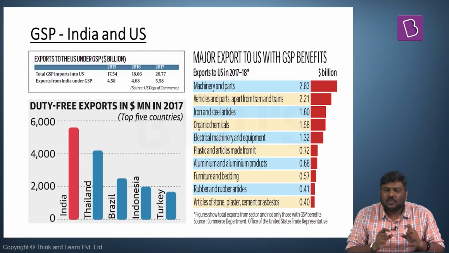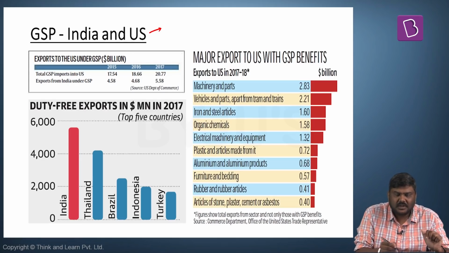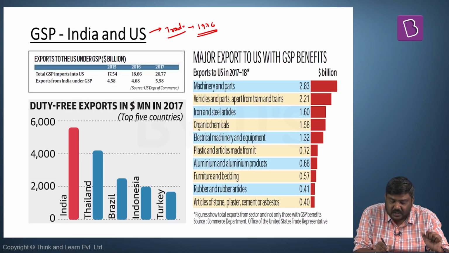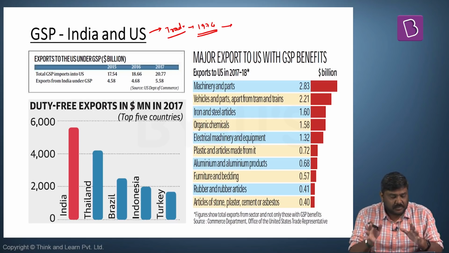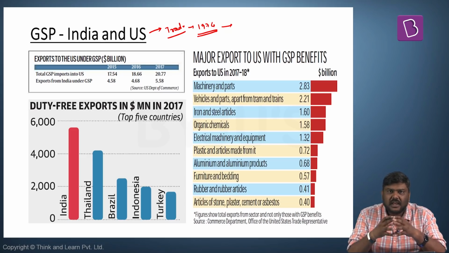Now, what has been the relationship between India and US under the ambit of a GSP? As already mentioned, the US passed an act, that is the Trade Act of 1974, and with the passage of this particular Trade Act, it started giving the GSP status to various other countries apart from India. Under the ambit of a GSP, the USA has imported a huge amount of goods in terms of billions of dollars.